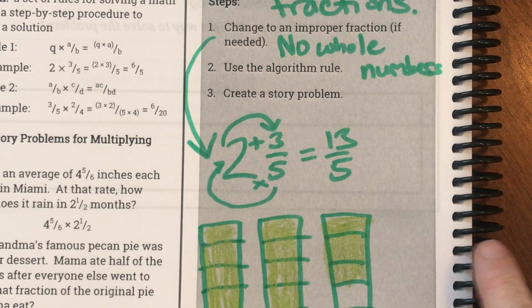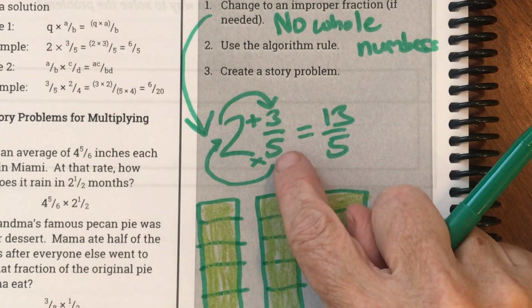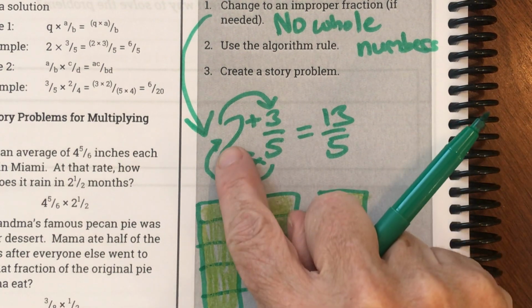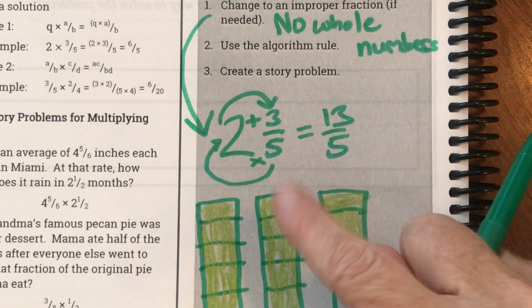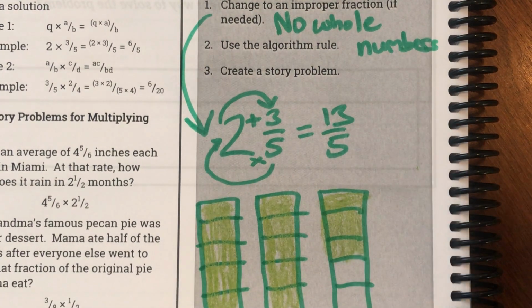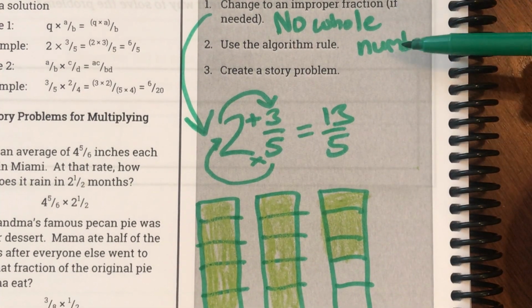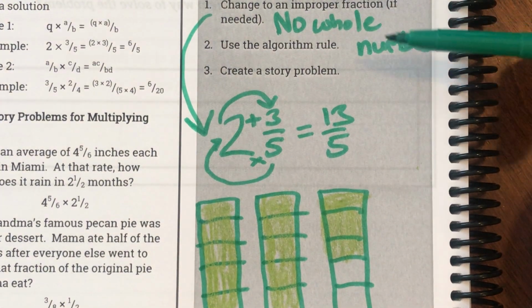But instead of drawing it each time, you can kind of follow this. So you do the denominator times the whole number, so 5 times 2 plus 3, and then we'll be using the same idea. So step 1 is no whole numbers, so we're going to change to an improper fraction.